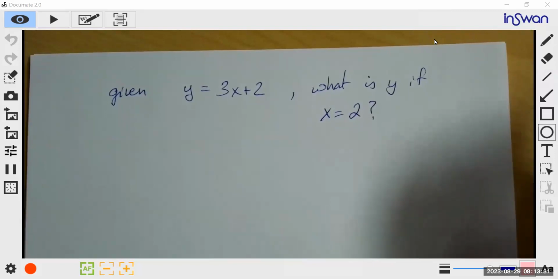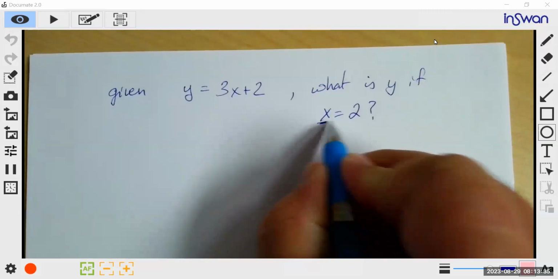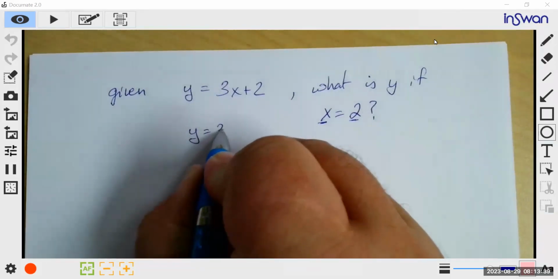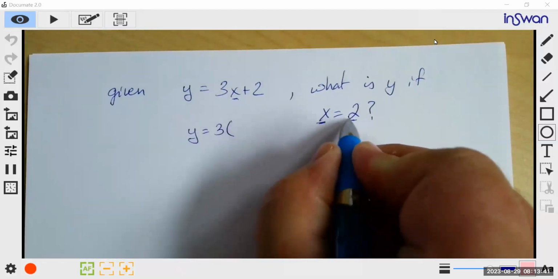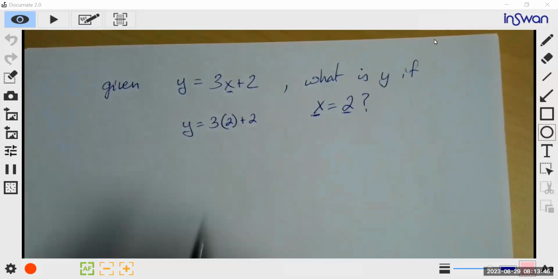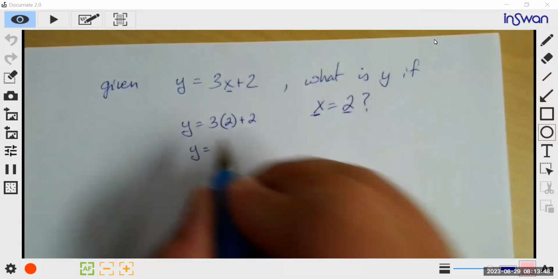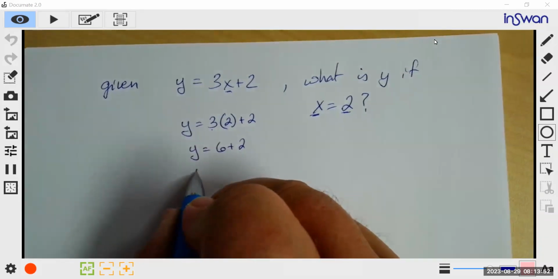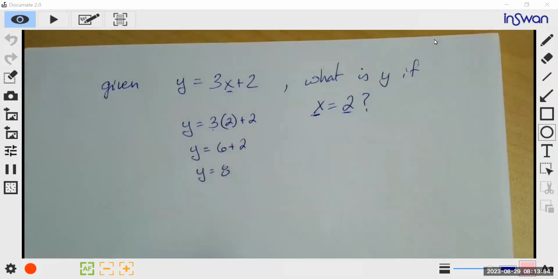So what would you do there? Yeah, since anywhere I see an x, it equals a 2, inside this equation, anywhere I see an x, I put a 2 in its place. Three times 2 is 6. 6 plus 2 is 8. So there's the answer.